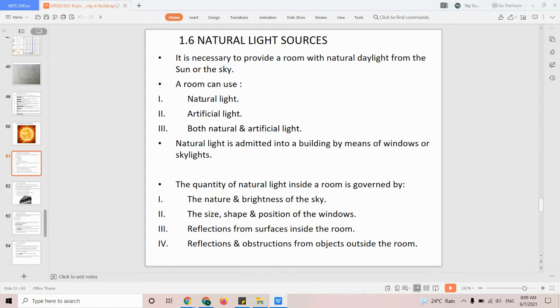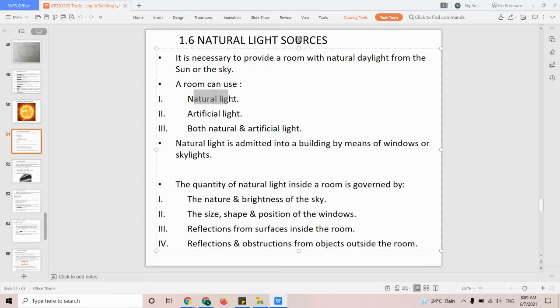So a room can use natural light, artificial light, or both. For a normal building, meaning a residential building for us residents to stay in, not for commercial business, we will always want to use more natural lighting.